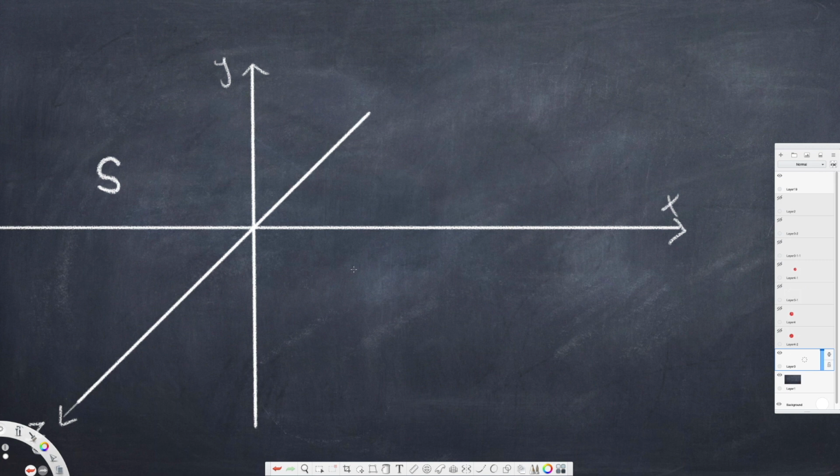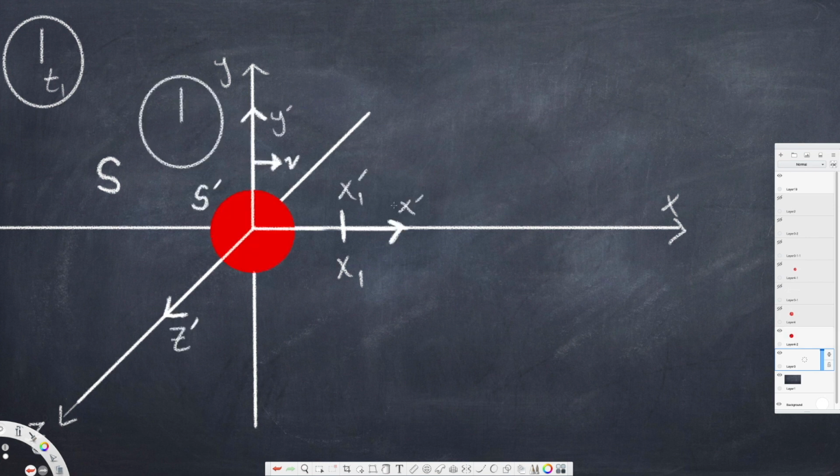Each consequence involves intervals between a pair of events. Let event 1 have a position in time in frame S. So we will say right here, we have x1, and it is at time 1. And it will have an x1 prime and a t1 prime in frame S prime.